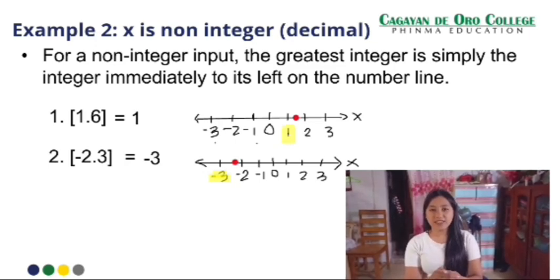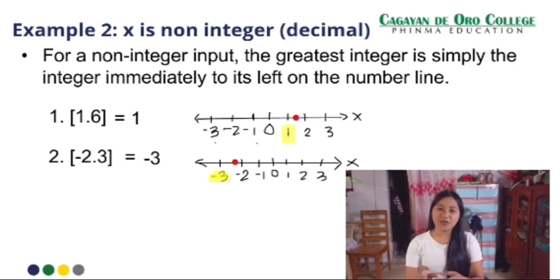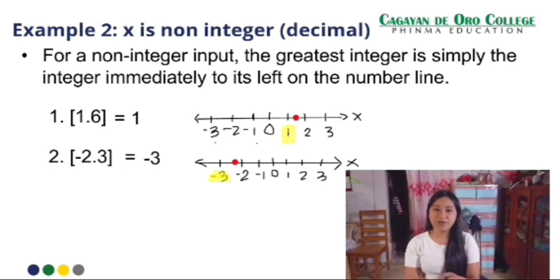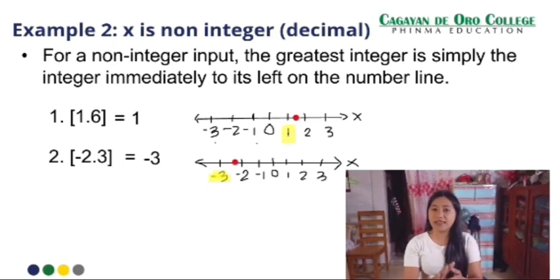The greatest integer of that function is equal to 1. Why? Because if we graph that function, the left value of 1.6 is 1. So that is the greatest integer.